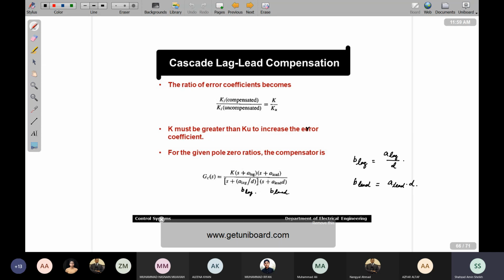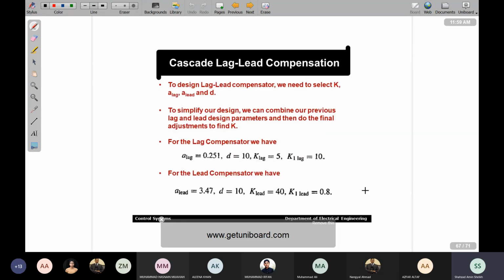So b lag is converted into a lag divided by d, and b lead is converted into a lead by d. So as a result of that, अब अगर हम जाएं to design lead and lag compensator, we need to select k, a lag, a lead and d. So these are the parameters from our previous knowledge.